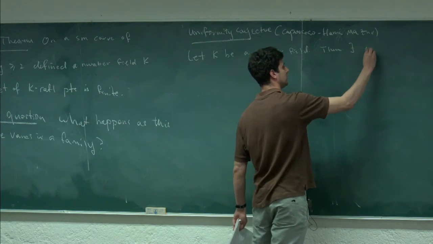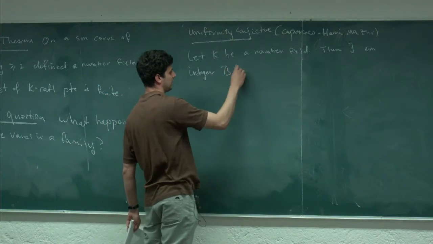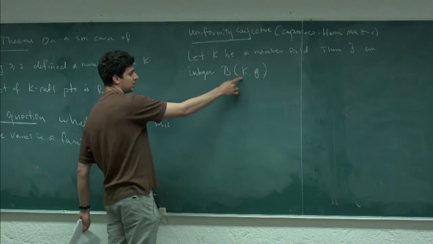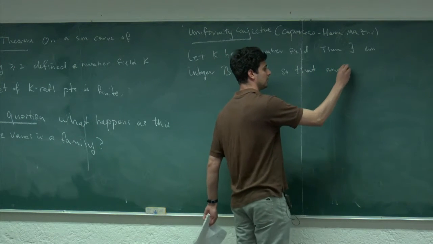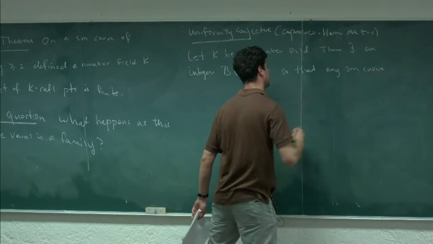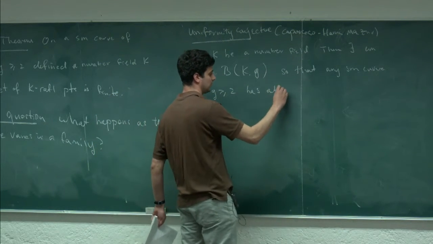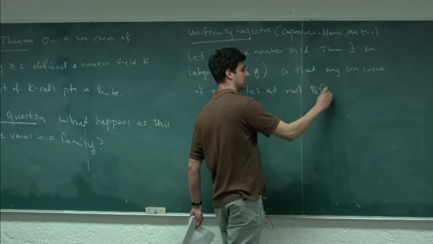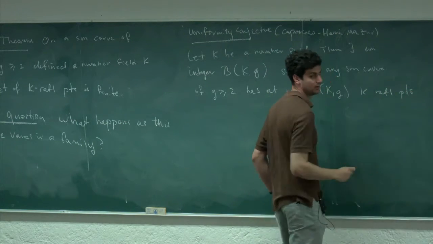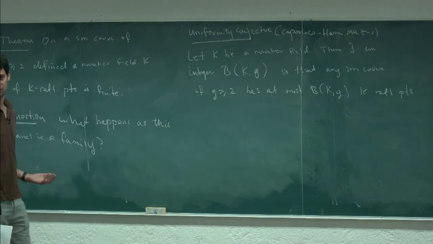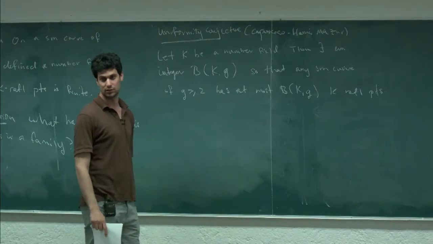Then there exists an integer, I'm going to call it B_K(g), so it depends on the number field and the genus, so that any smooth curve of genus greater than or equal to 2 has at most B_K(g) K-points. Right, so this conjecture would give a uniform bound to the number of rational points on a curve of general type that depends only on the genus of the curve and the degree of the number field. Okay.